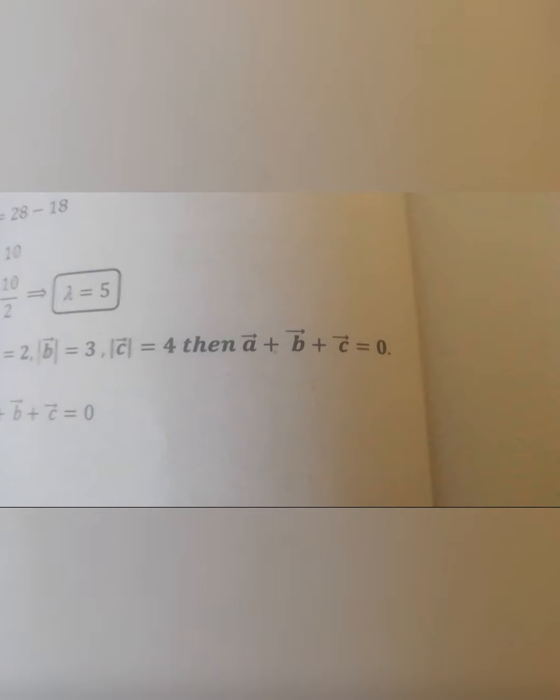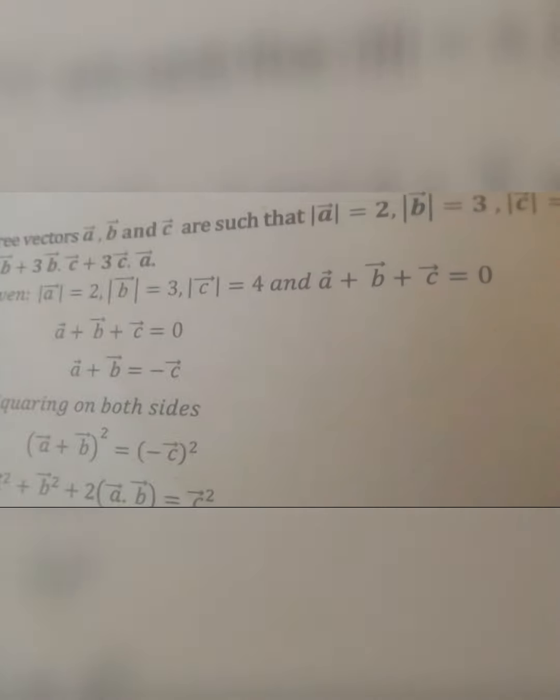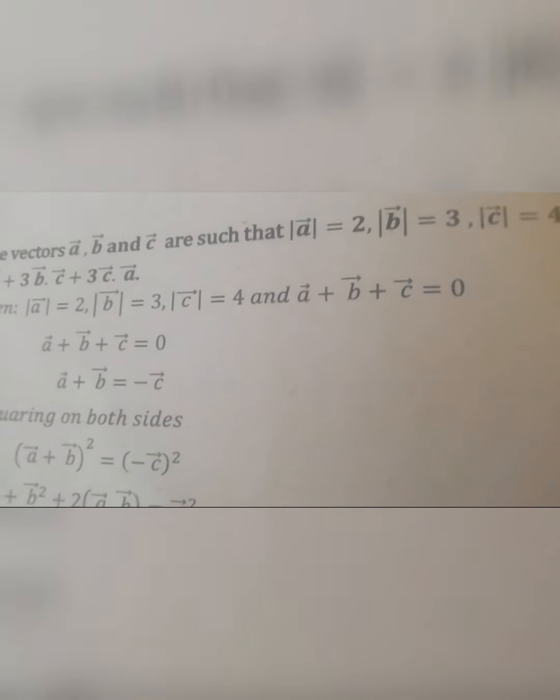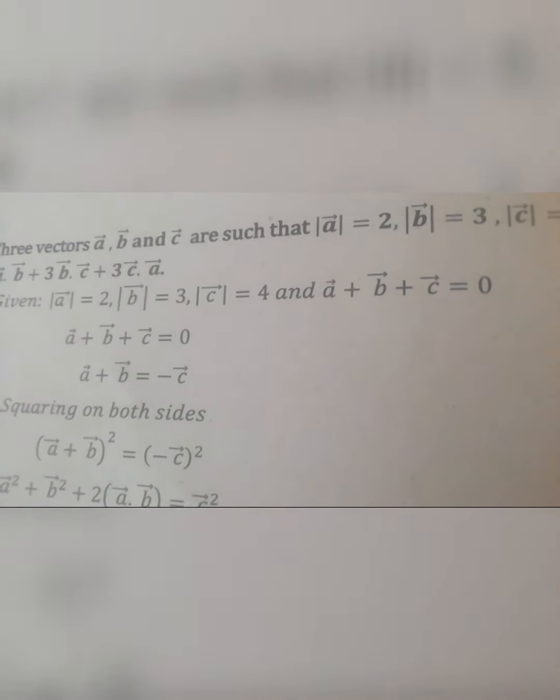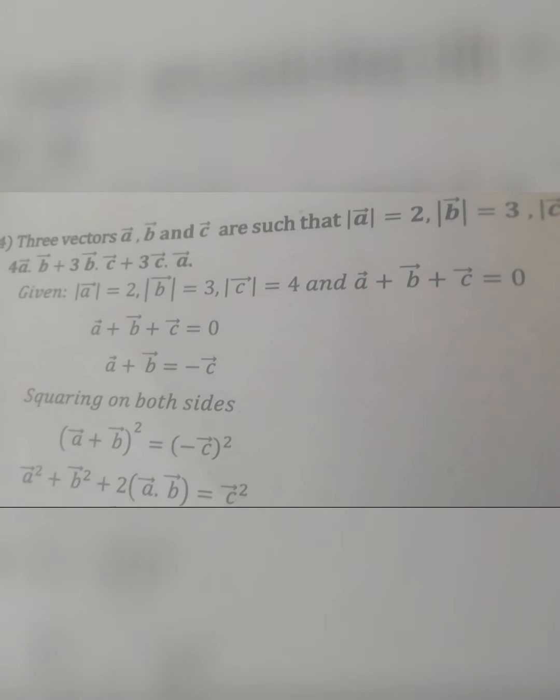Then A vector plus B vector plus C vector equal to 0. So find the value of 4 A vector dot B vector plus 3 B vector dot C vector, again 3 C vector dot A vector. In this case we can find out first of all what is A dot B, B dot C, C dot A.